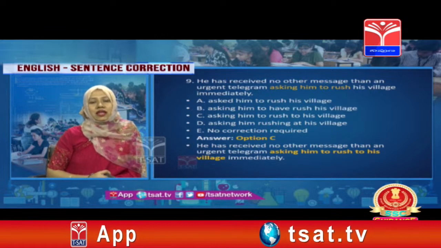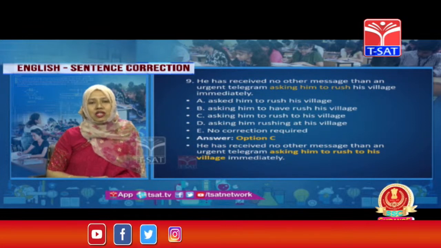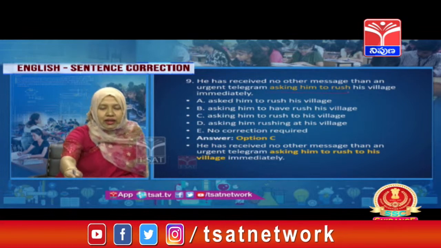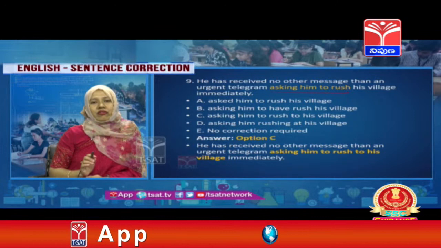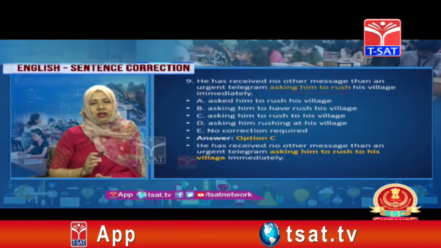Now, he has received no other message than an urgent telegram asking him to rush his village immediately. In this sentence, the highlighted phrase has a mistake, asking him to rush. Understand the question.